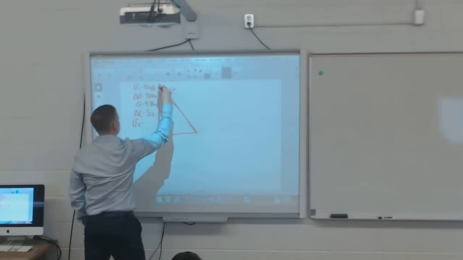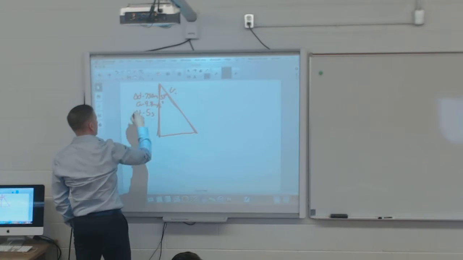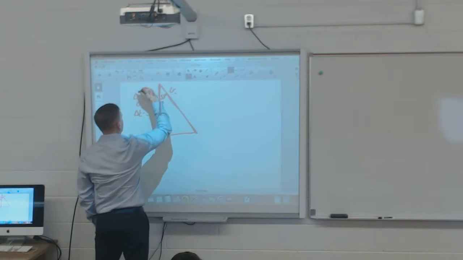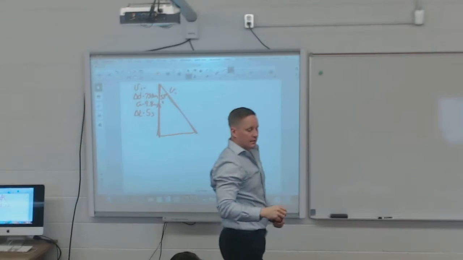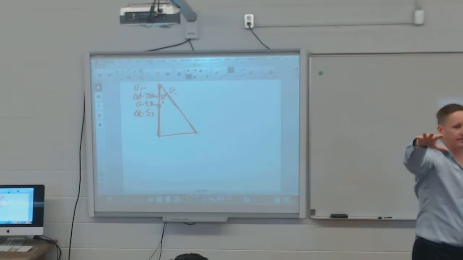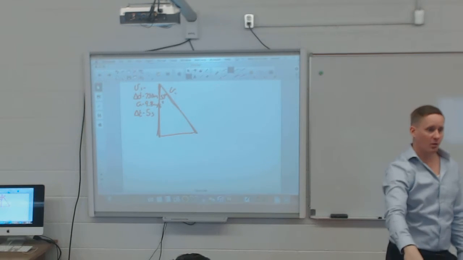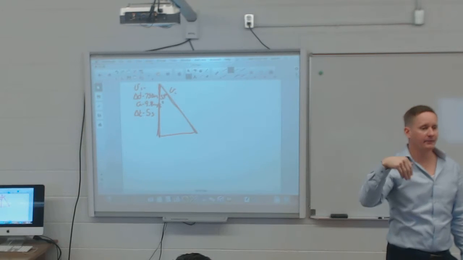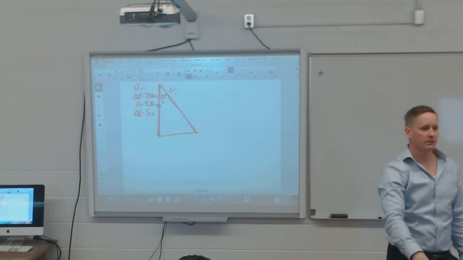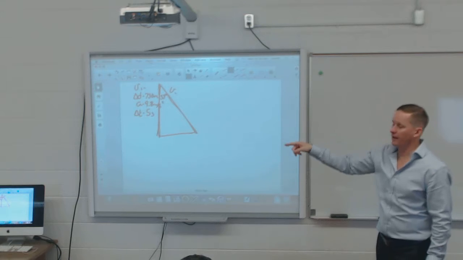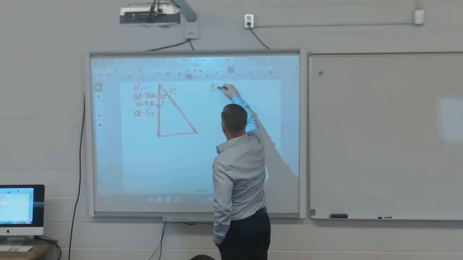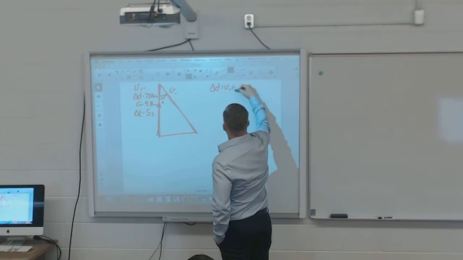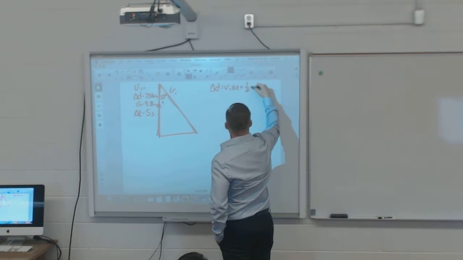I'm gonna do this differently, Dylan. Normally I just drop something, right? But because I'm going towards the ground already, I have to have an initial velocity. So that's what I'm gonna find right now. Delta D equals V1 delta T plus 1/2 A delta T squared.